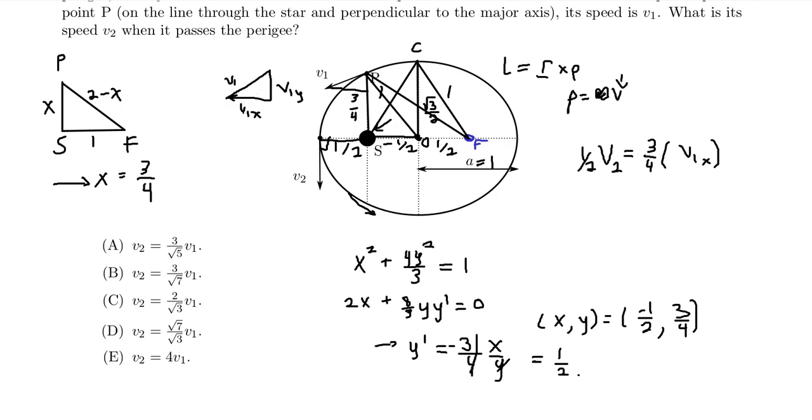In particular, that means that v1x is twice v1y. And so by Pythagoras, that means that v1x is equal to 2 divided by square root of 5 v1. Because if this were a 2 and this were a 1, then this would be a square root of 5.